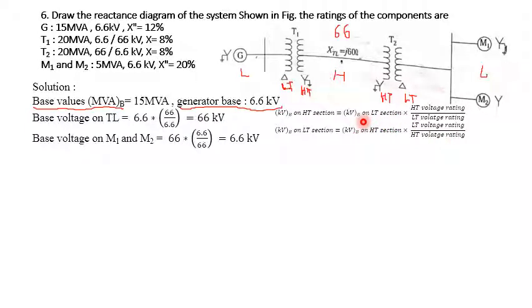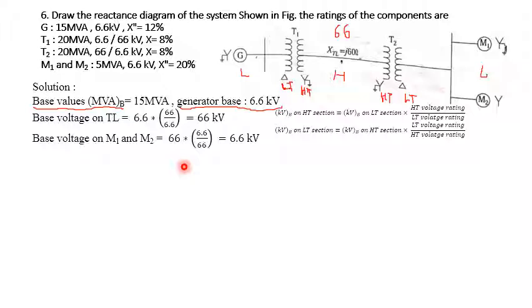Here you may have confusion: looking at transformers T1 and T2, this is also 66, this is also 66, right? So what is the transmission line voltage? I got 66. There is no problem here, because the transmission line voltage and the new values are the same.